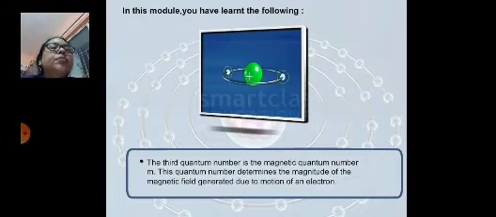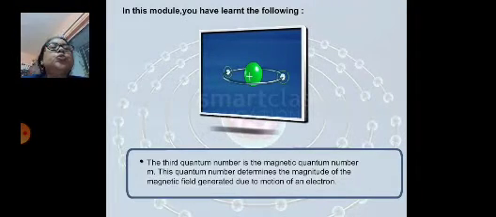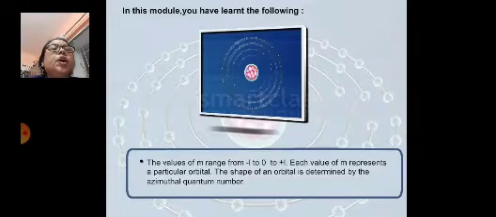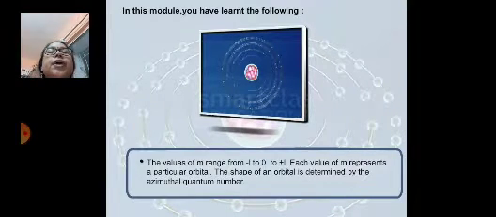The third quantum number is the magnetic quantum number, denoted by m, and this quantum number determines the magnitude of the magnetic field generated due to the motion of an electron. The value of m ranges from -1 to 0 to +1, and each value of m represents a particular orbital, and the shape of the orbital is determined by the azimuthal quantum number.